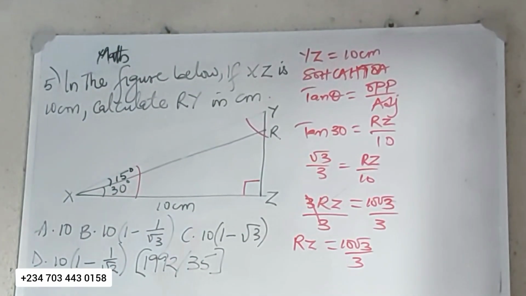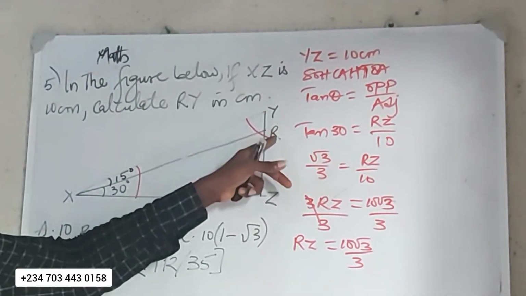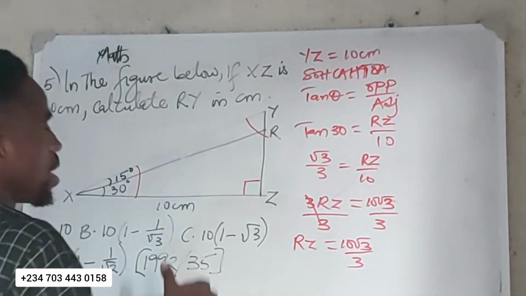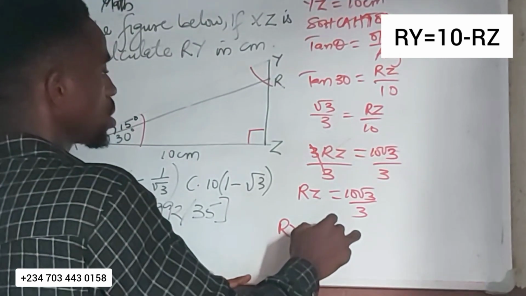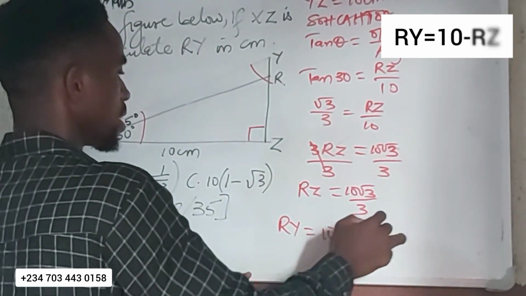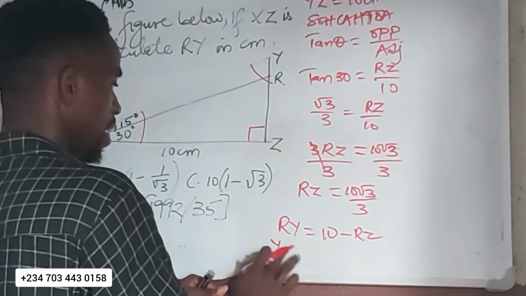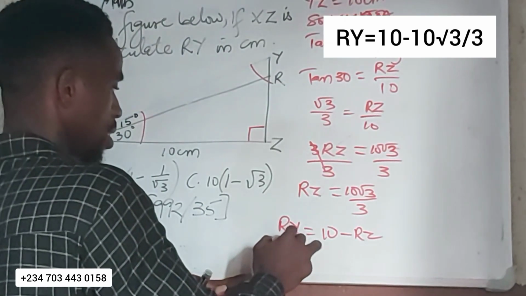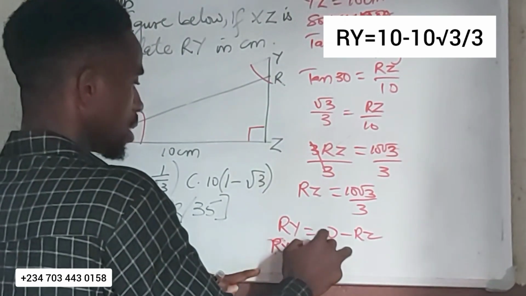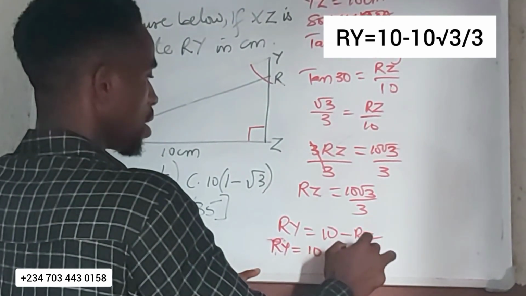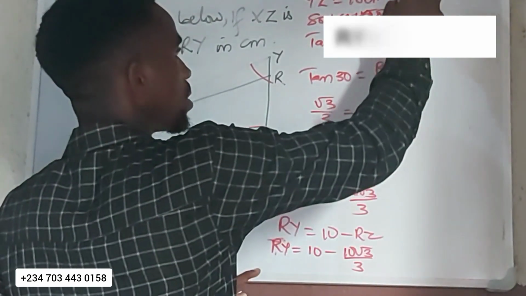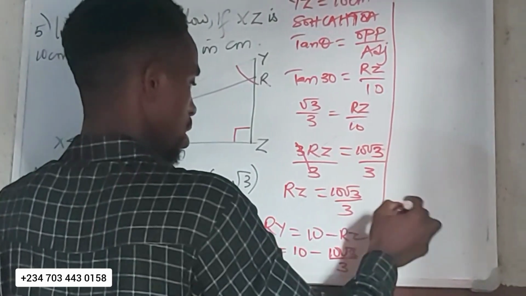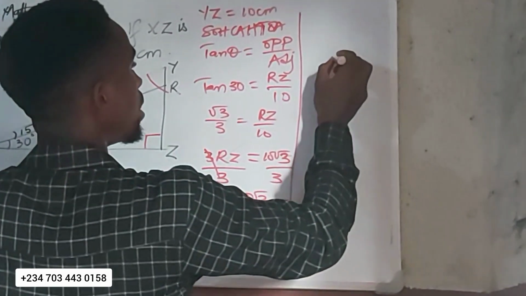But then what we are looking for is YR or RY. So we say RY is equal to 10 minus RZ. So RY is equal to 10 minus 10 root 3 upon 3. So the LCM to that is going to be 3.